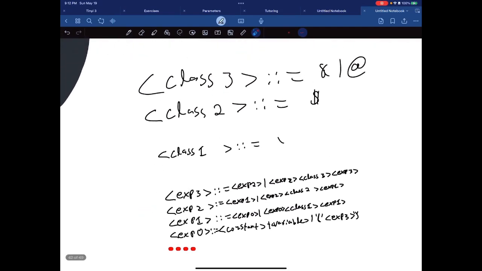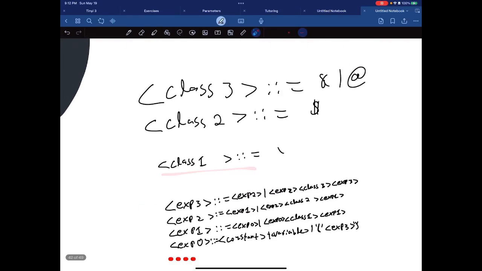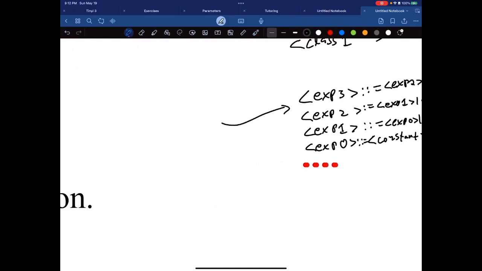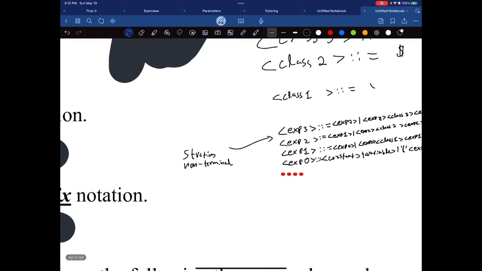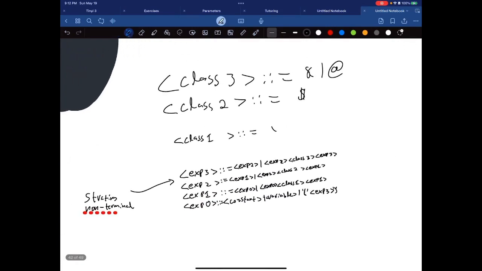And then remember just the highest precedence class is always going to be class 1, and the lowest precedence class is always going to be class 3. And then you also have to note that expression 3 is the starting non-terminal. Okay, because we didn't put it at the top, so you have to make sure to note that it's the starting non-terminal.